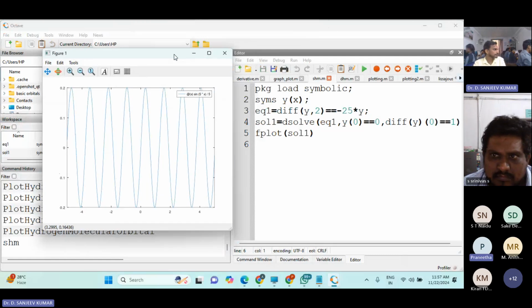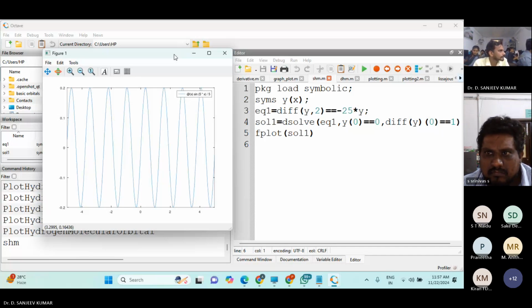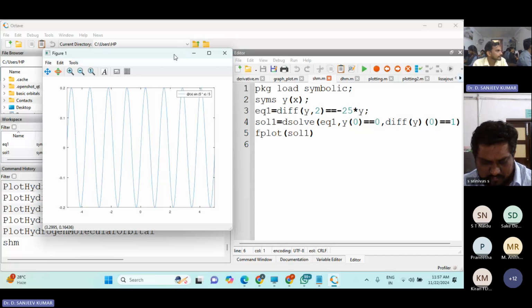Run it. It takes some time. So command will do it. Details installed. Symbolic. Details installed.